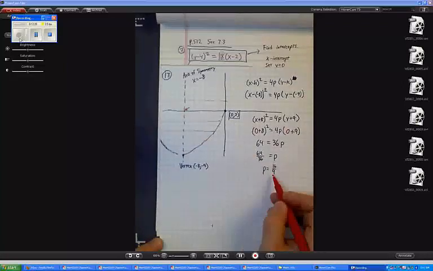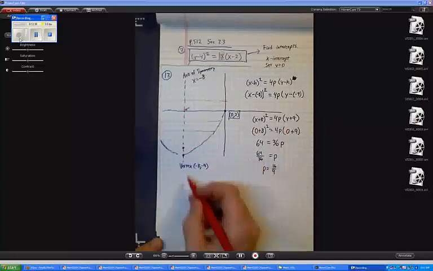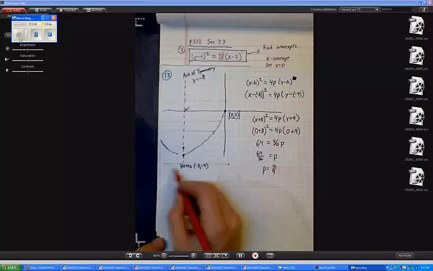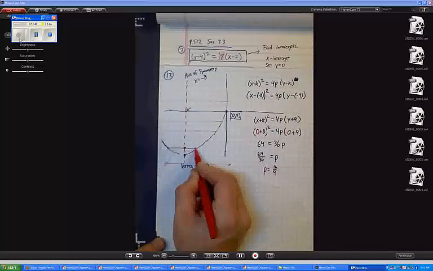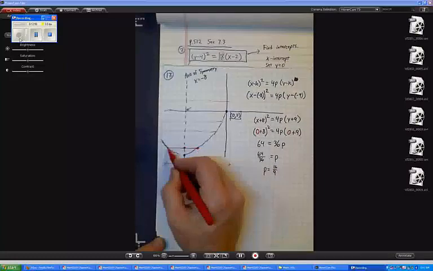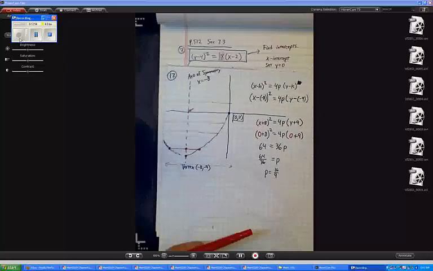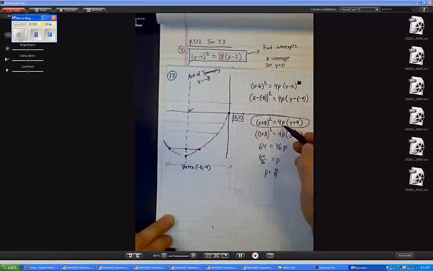16 ninths, how big is that? 16 eighths would be 2, so this is a little less than 2. So I'm getting that the focus is here, and the directrix is down here. And that means, by the way, my latus rectum is right here. But that still doesn't give me the final equation. Well, it almost does, right? The only thing I didn't have was p, but now I know what p is.